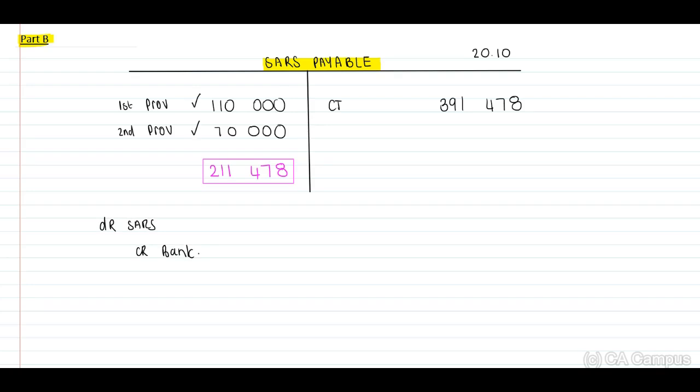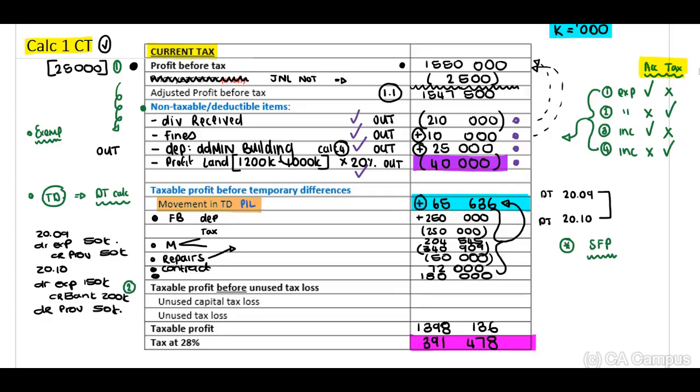Now, when you refer to calculation 1, our current tax, our journal entry to recognize the current tax 391,478 will be to debit your current tax in your profit and loss. Now guys, this is technically part C of this question.